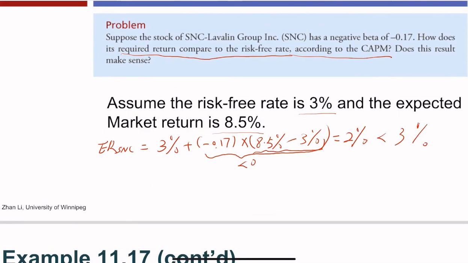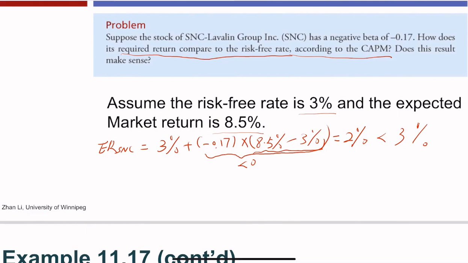This is somewhat weird, right? Because generally, when you're making an investment, you're expecting a return which is higher than the risk-free rate. But now, the opposite happens. Your investment gives you a return smaller than the risk-free rate. Now, does this make sense?